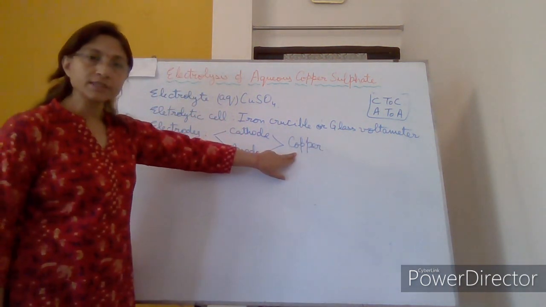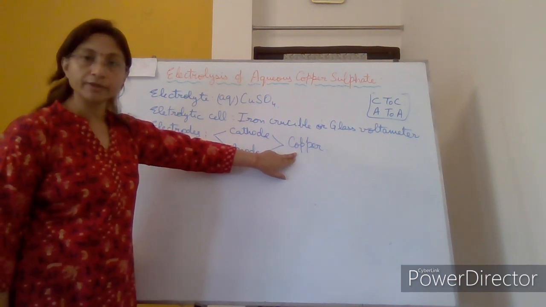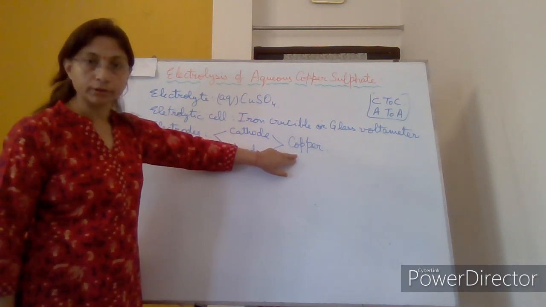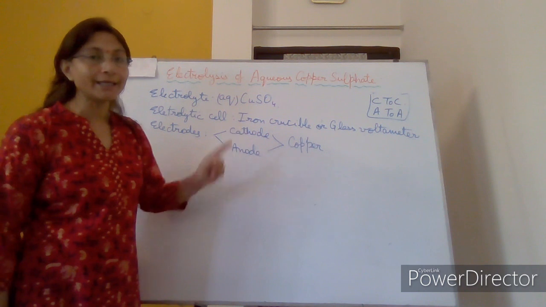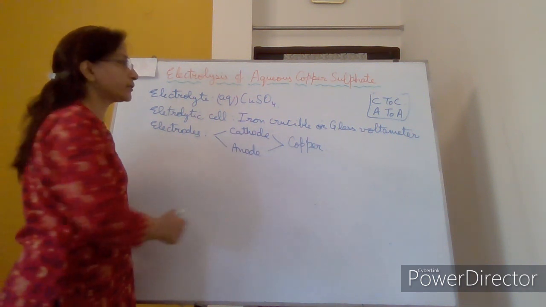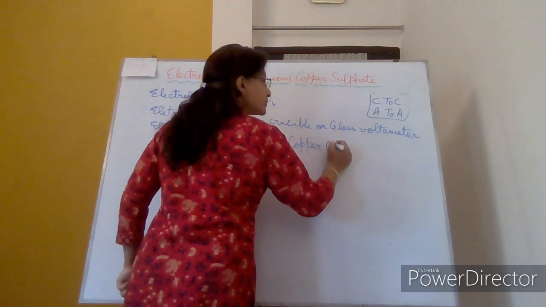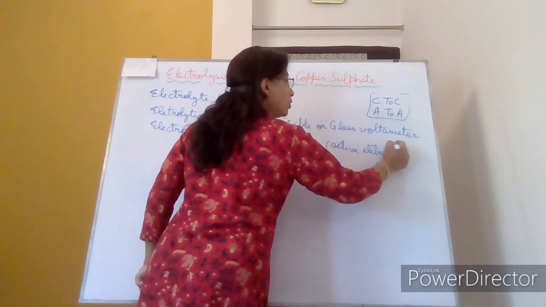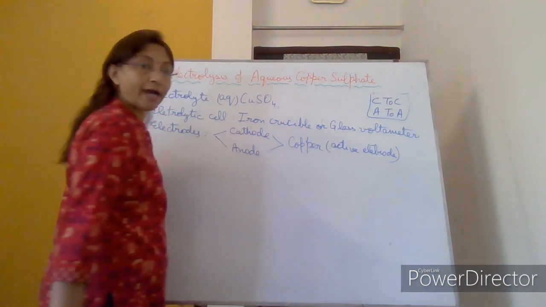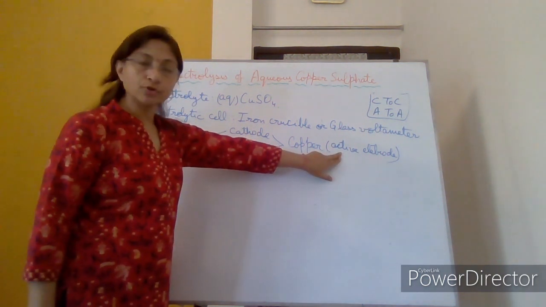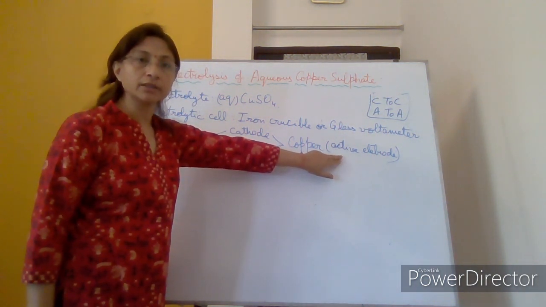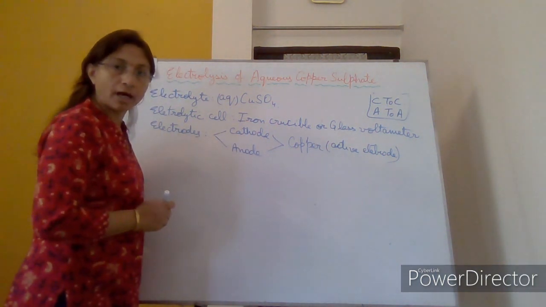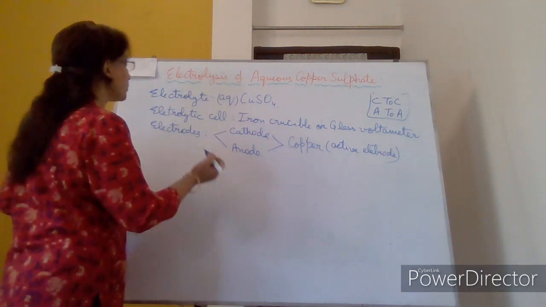Now, this is a special electrode that we are using here, unlike what we had done in the acidified water. There we had used platinum, which was an inert electrode that was non-reactive. But here we are using copper, which is an active electrode. Now, what is this active electrode? The active electrode is the one that takes part in the chemical reaction. Now let us see what are the various ions present in this aqueous copper sulphate.